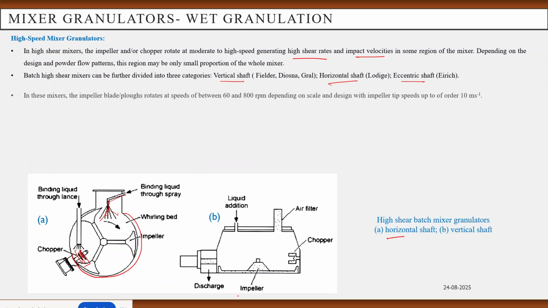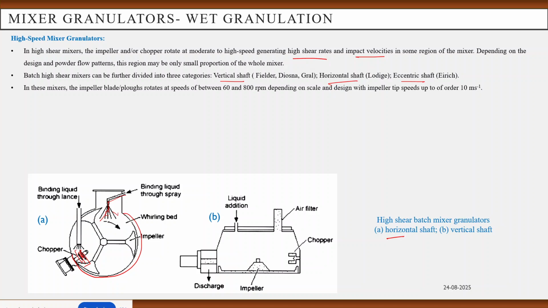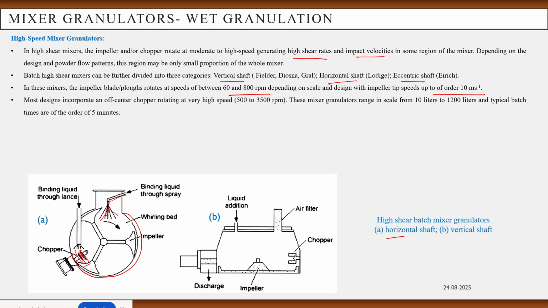In this mixer, the impeller blade or plow rotates at a speed of 60 to 80 rpm depending on the scale and the design, with impeller tip speeds of the order of 10 meters per second. Most designs incorporate an off-center chopper which rotates at a very high speed of 500 to 3500 rpm.